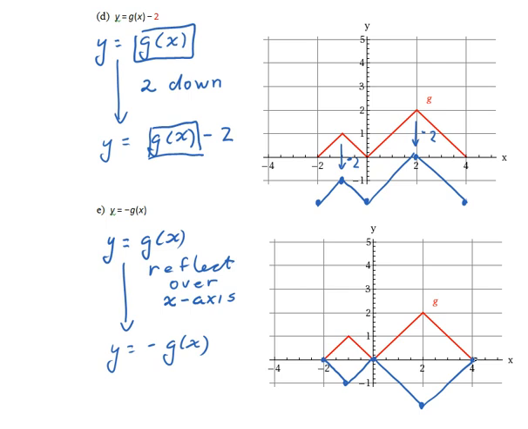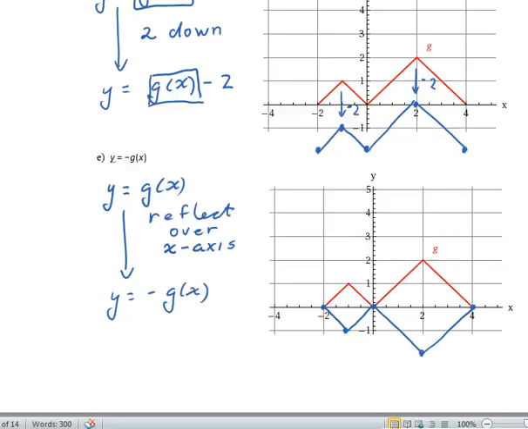So the blue graph is a reflection of the original red graph across the x-axis. It is the graph of y equals the opposite of g of x.